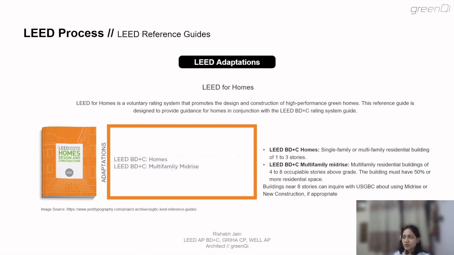It does talk about homes, but this guide gives you guidance on how homes or residential buildings can achieve the same intent. So this is more focused on homes, which again has two categories, similar to BD plus C: single and multifamily for 1 to 3 stories, and multifamily for 4 to 8 stories.